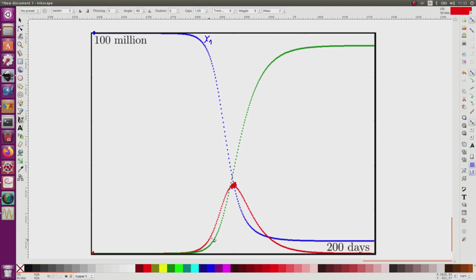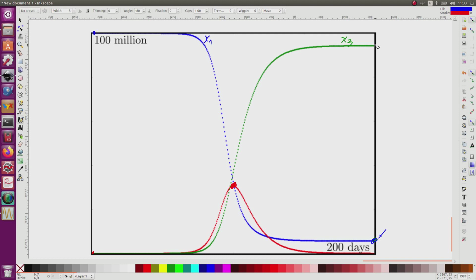And in green, it corresponds to x3, the number of cured people. What we can see on this picture is that with some initial condition, at the end I will converge to a limit, and some people will still remain not yet infected. There are not enough people to infect them.